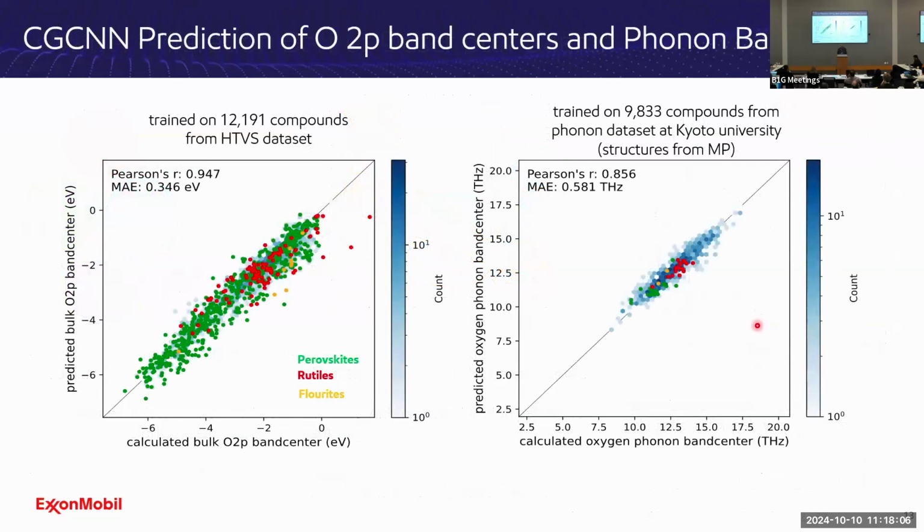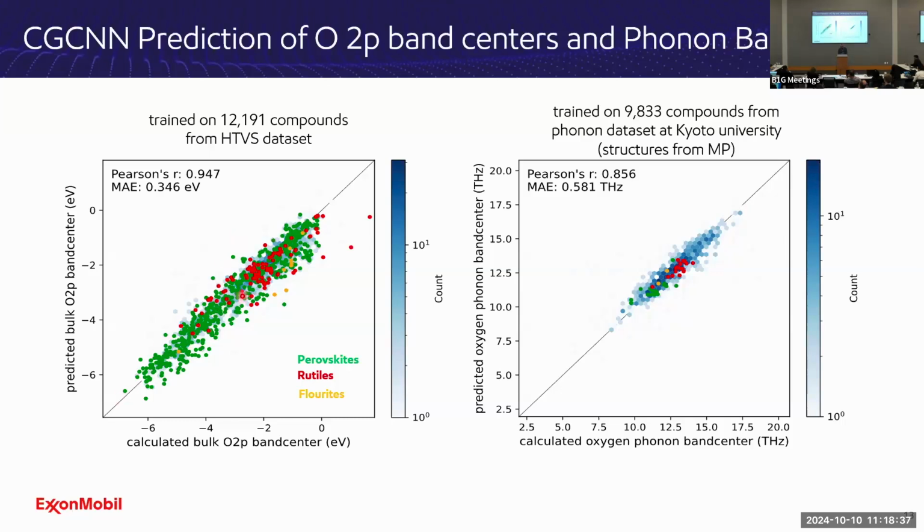And then another thing we can do, in order to generate the descriptors in cases where we don't have them, is use something like this crystal graph convolutional neural network that was developed by Jeff Grossman at MIT. We use that to take the large number of calculations that I described from the Materials Project.